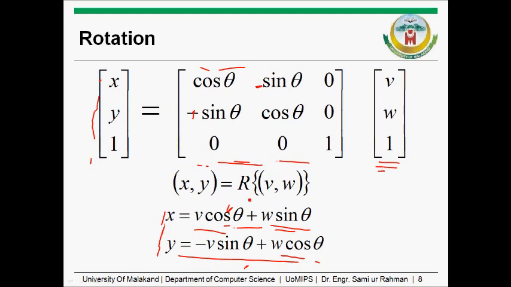This is simple. But now maybe he means to say how we have created these two matrices from the given two equations. We have read in the matrix the coefficients. For example, here V is the coefficient of cos theta and W is the coefficient of sin theta in the first equation, and in the Y equation, V is the coefficient of sin theta and W is the coefficient of cos theta.